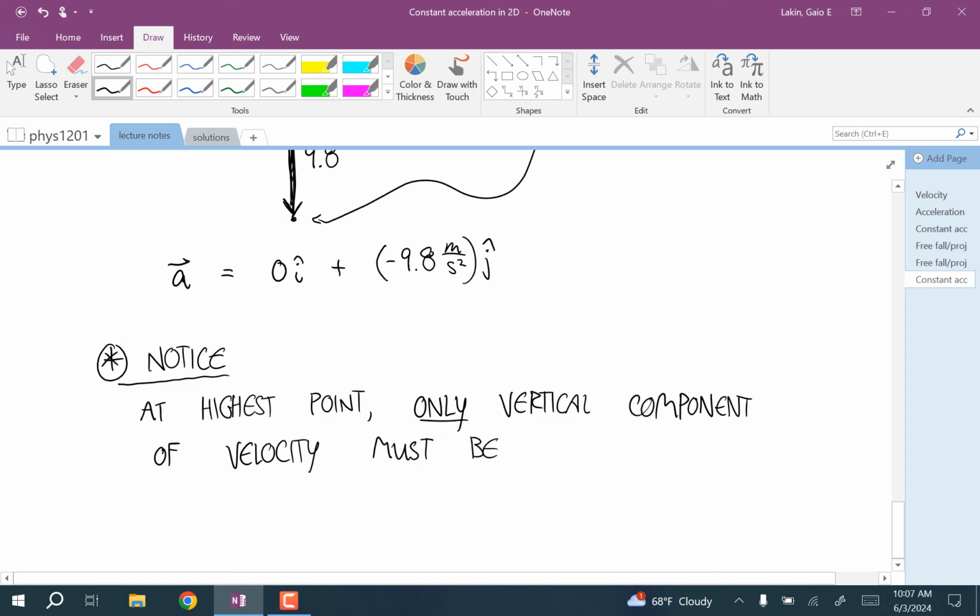Don't make the mistake of thinking that if you're looking for the highest point, the x component of velocity has to be 0 at that instant too. It doesn't.